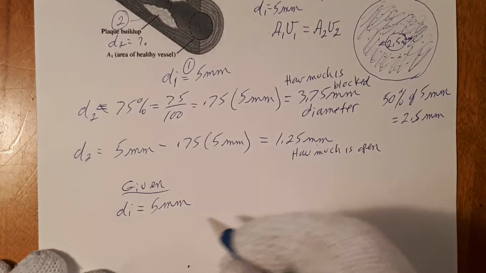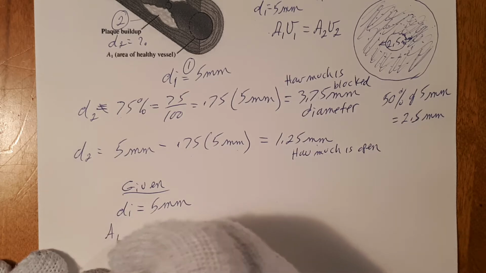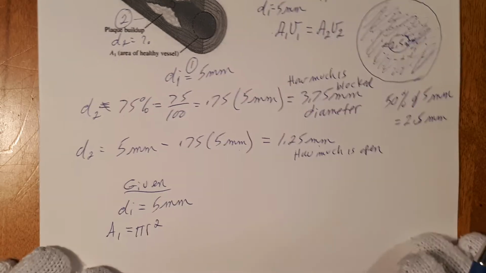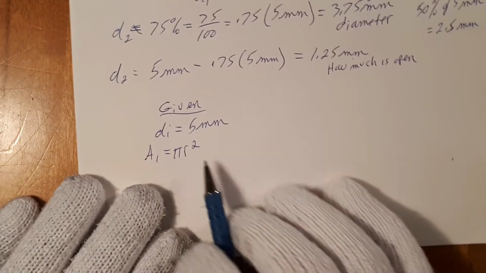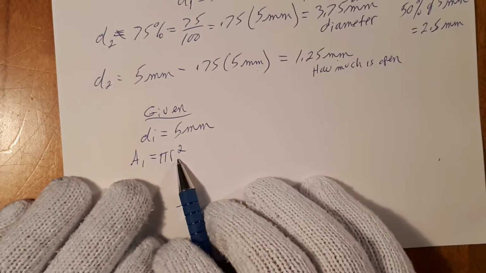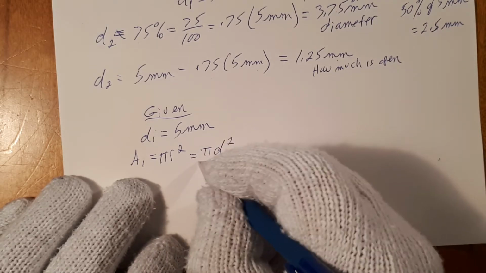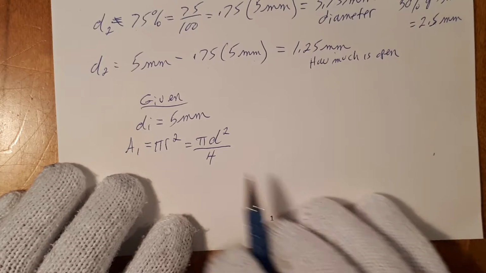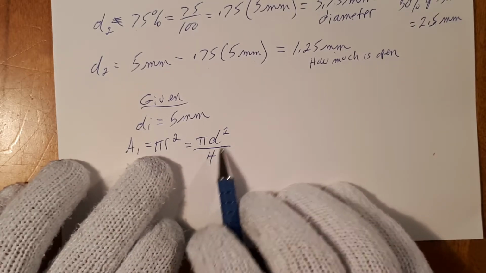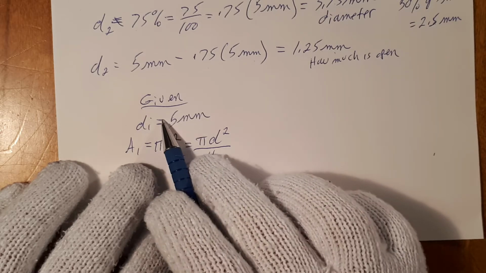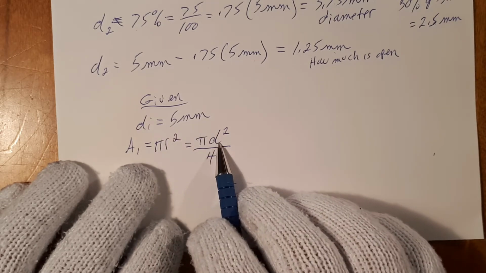We need to know A1, which is equal to pi r squared. But there's another equation that can be used for the area of a circle, and that is pi times the diameter squared divided by 4. These two are the same. This one uses diameter, this one uses the radius. Since we're given diameters, I'm going to use this one.